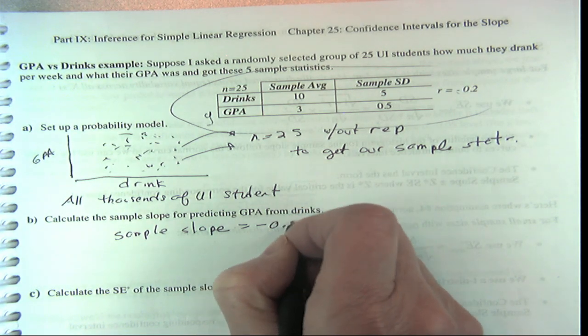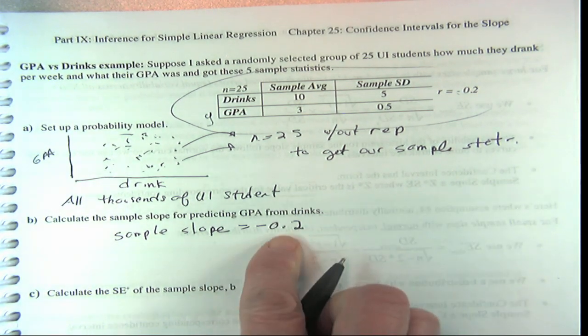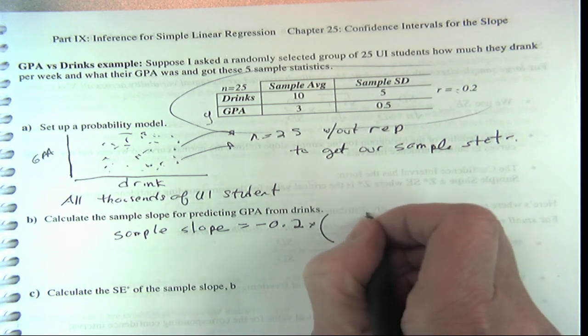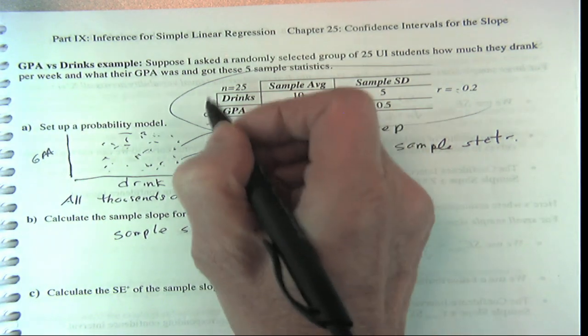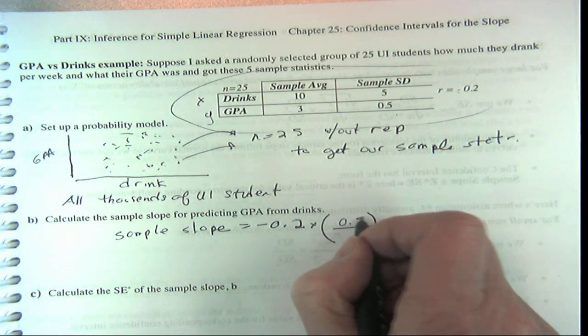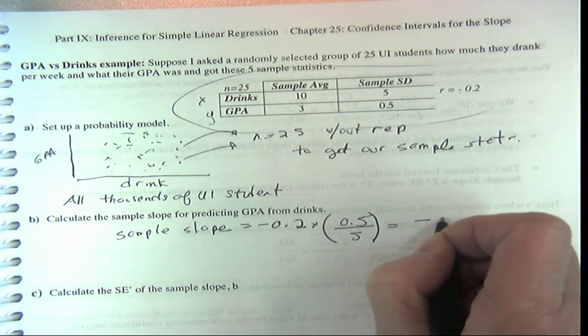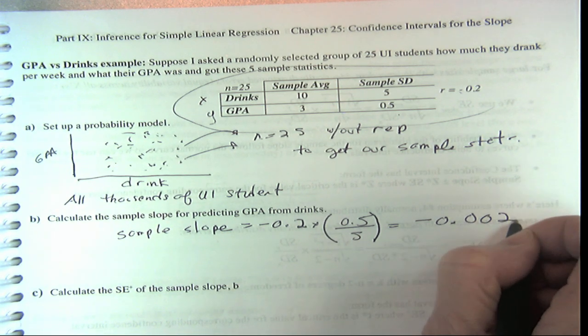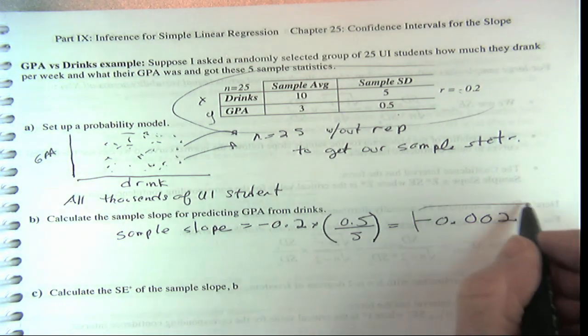We got this slight negative correlation, which we'd expect, but is it big enough to hold up in the wider population? Times the ratio of y over x. So that's 0.5 over 5, and that's negative 0.002. That's our slope.